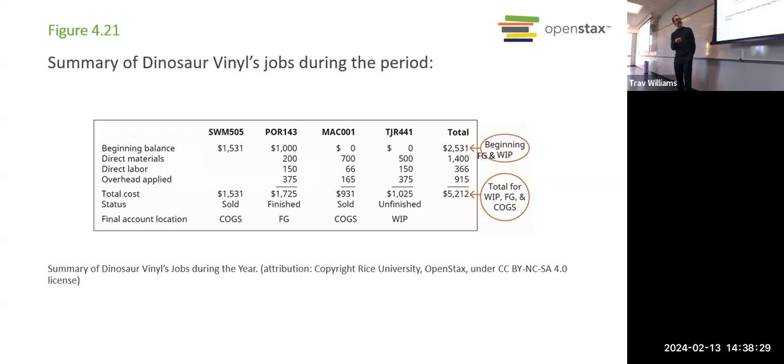And then we can see the status. So this product has been sold and the costs are in cost of goods sold. This product is finished but not sold yet, right? So it's still in finished goods inventory. This product also was sold, cost of goods sold. This one has not been finished, which is why it's still in work in process inventory. Everything has a purpose, right? Every number is there for a reason. And you just have to dig a little bit sometimes to understand what the reason is.